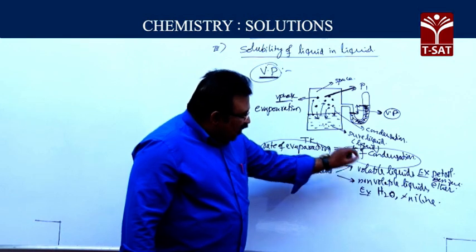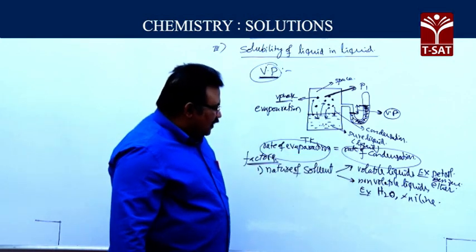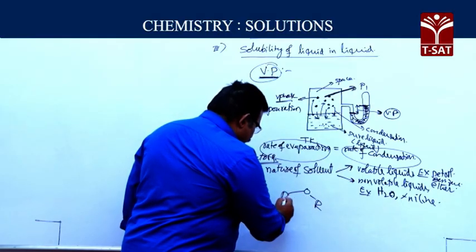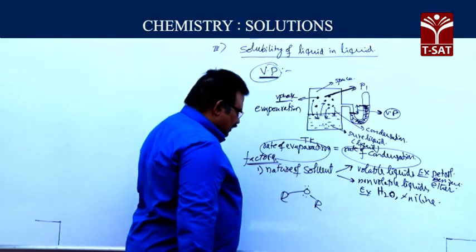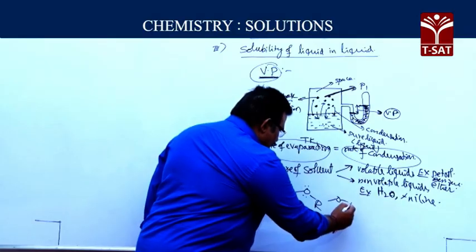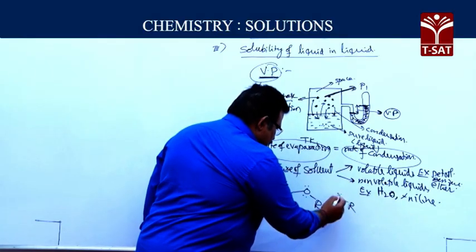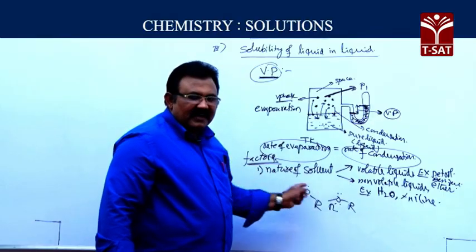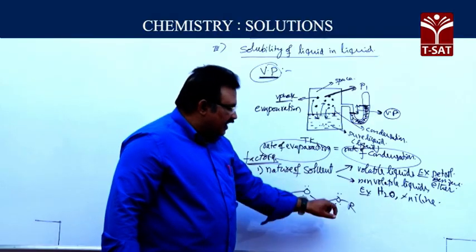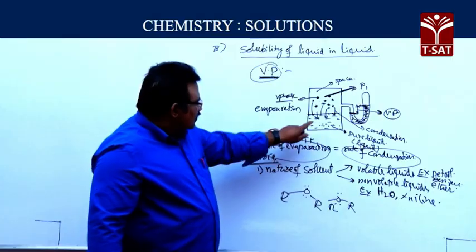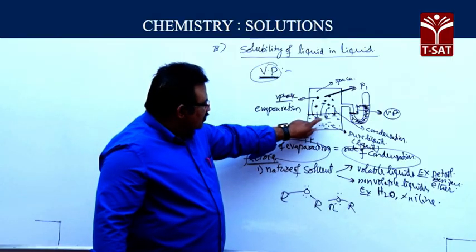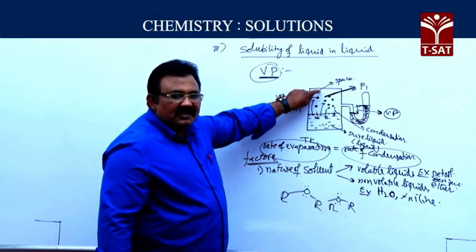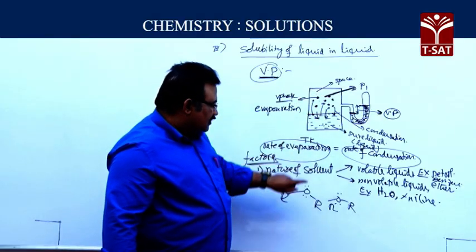Why do volatile liquids give more vapor pressure? For example, if you take ether, this is another ether molecule. The intermolecular force of attraction in ether is weak, so the molecules from the liquid phase easily escape out as vapor phase.